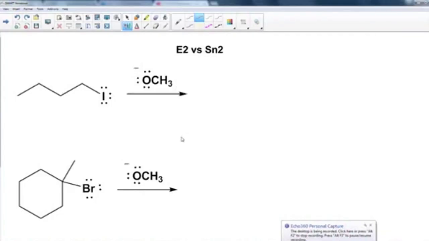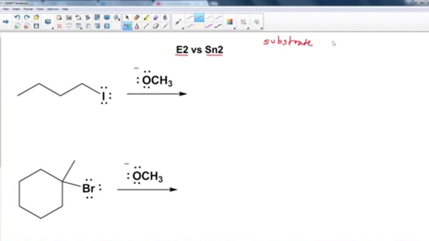For the next part, the last conclusion is to understand how to tell between E2 versus SN2 mechanisms. There are several things we want to be able to figure out, and the most important is the identity of the substrate.